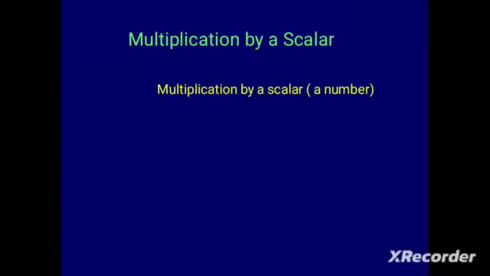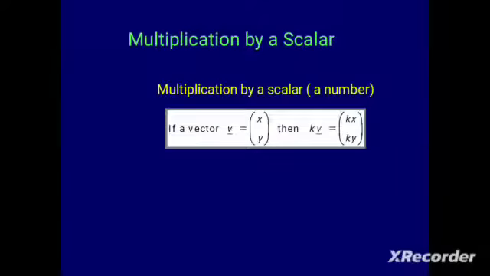The next part is multiplication by a scalar. A scalar can be a number or represent a number, or even a letter. So if we have vector v given as (x, y), then kv will be, we are now multiplying vector v by a scalar, and our scalar here is k, which is a constant.